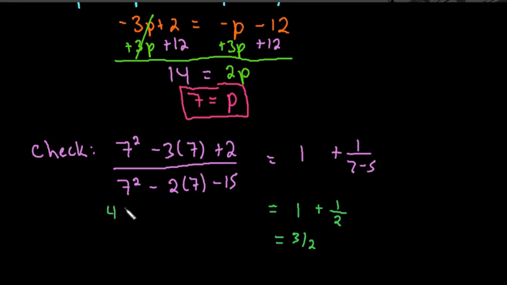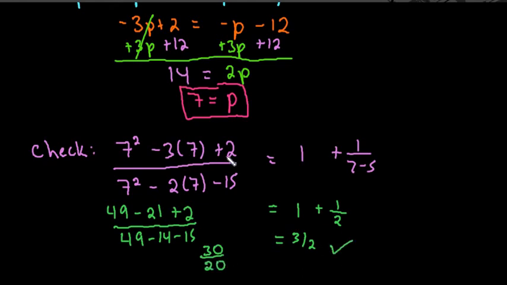For this one, we would end up with 49 minus 21 plus 2 over 49 minus 14 minus 15. And this ends up giving us 30 over 20, which does reduce to 3/2, so we do know that this is equal.